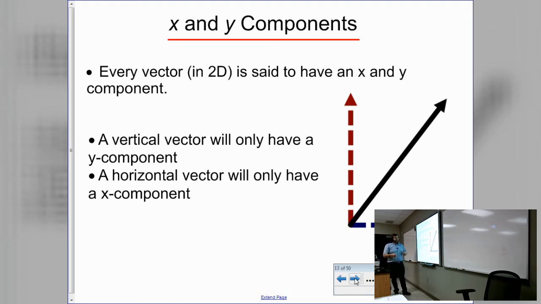Okay, now, a couple more slides of notes. Every vector that is in 2 dimensions, which means that it's not completely horizontal or completely vertical, would have some portion going in the x direction and the y direction. So if you're traveling northwest, for example, you would have some x component to your motion and some y component to your motion.